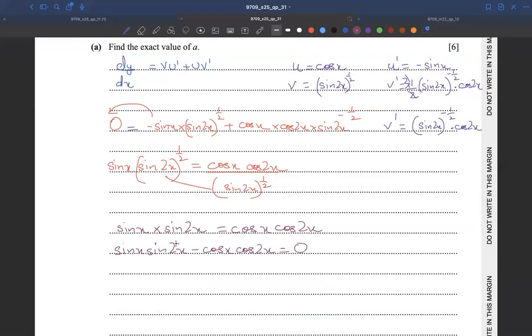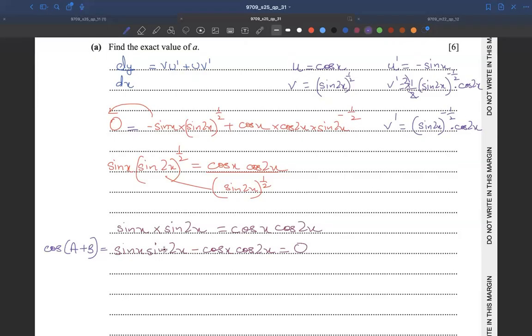Now, if we compare it with the formulas given in the formula sheet, we'll observe that this is the same as applying cos of a plus b, as cos of a plus b is equal to cos a cos b minus sine a sine b.